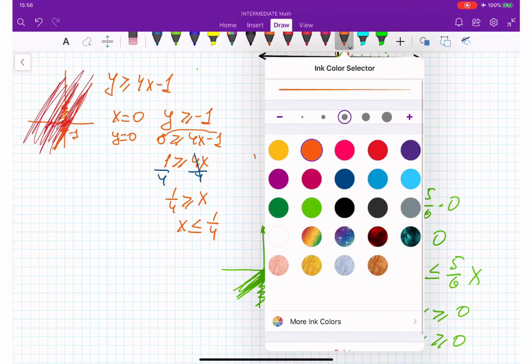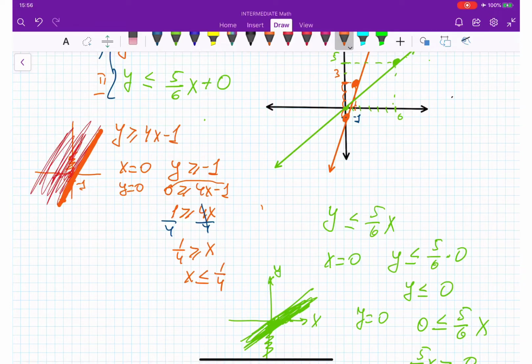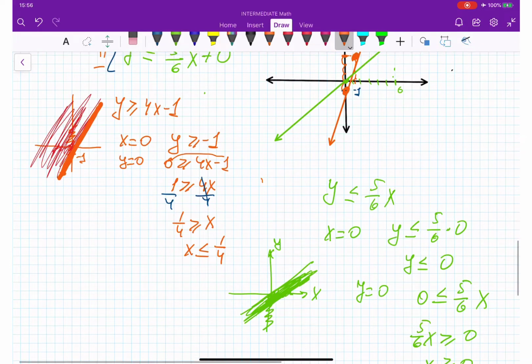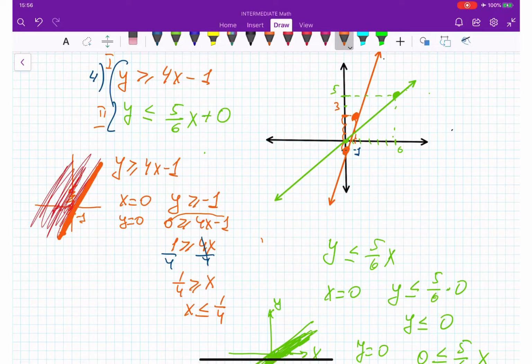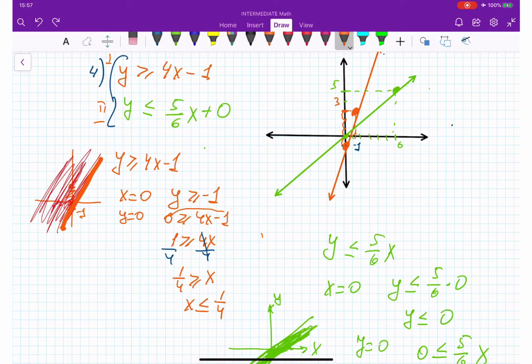So for this graph, let me take a thick one. It's going to shade to the left. For this one, it's going to shade to the right. What does that mean? If you put them together, look here. The green one is going to be shaded like this, right? And this reddish one, it's going to shade like this, yes?